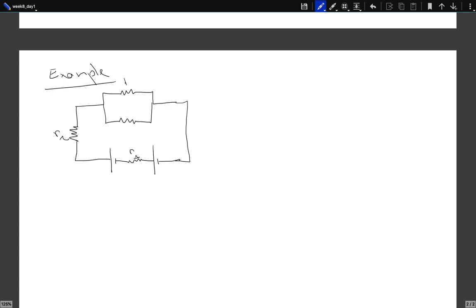This is R1, this is R2. Let's say this is capital R. Let's also call that capital R. So this has potential V1, this has potential, the EMF V2. Then we can ask the question, what will be the current running through my circuit?